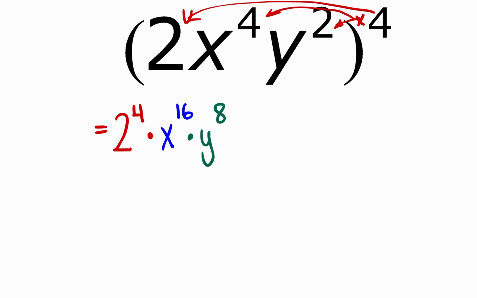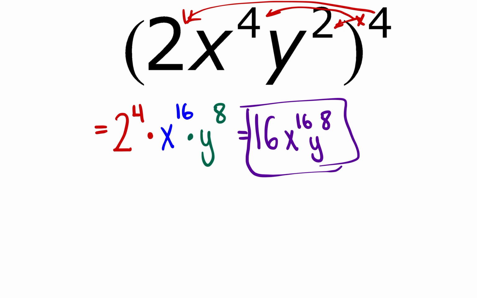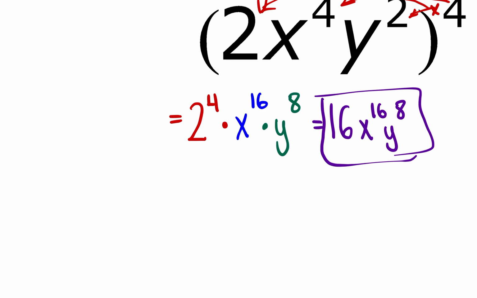And from there, we can simplify further. So this 2 to the 4th means 2 times 2 times 2 times 2, which will give us 16. So we have 16 times x to the 16th times y to the 8th. And that's going to be our final solution. Let's box it in.